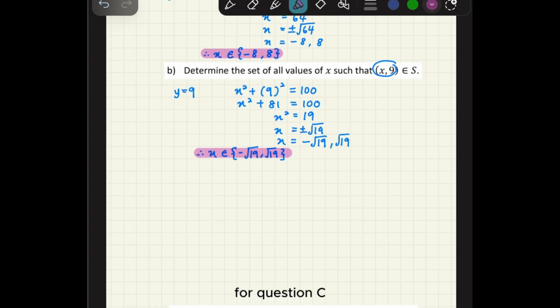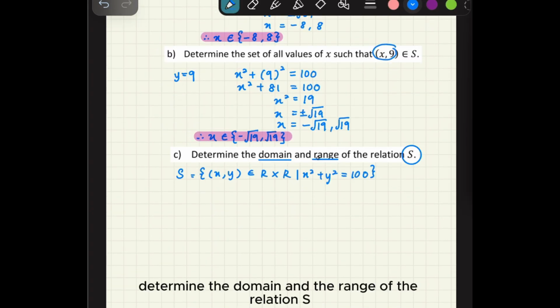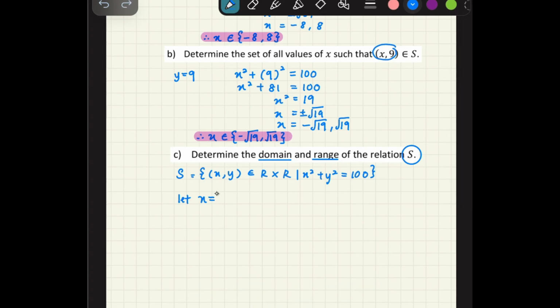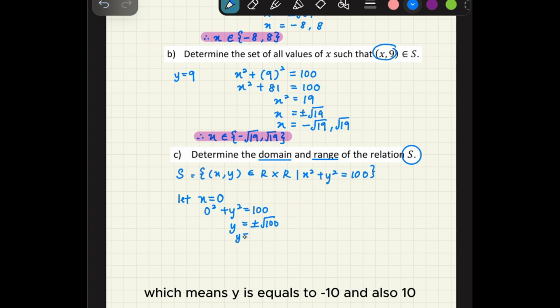For question C, determine the domain and the range of the relation S. Firstly, we can choose x equals 0. From this, we substitute 0 squared plus y squared equals 100. From this, we will get y equals plus minus the square root of 100, which means y is equal to negative 10 and also 10.